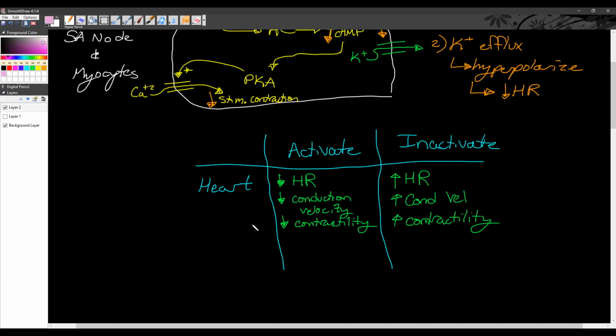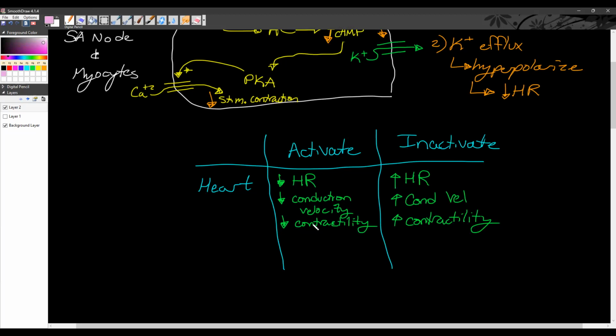What indications would we want to use the muscarinic agonist for? Yeah, fast heartbeat, heart failure. The only thing is that we don't really use muscarinic agonists like this. Why is that?